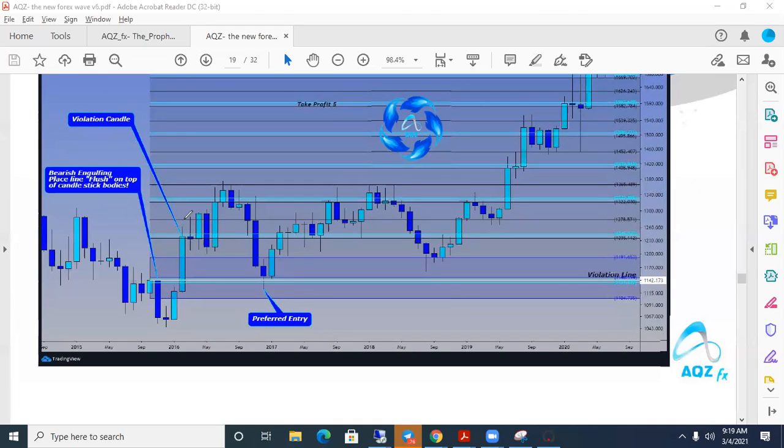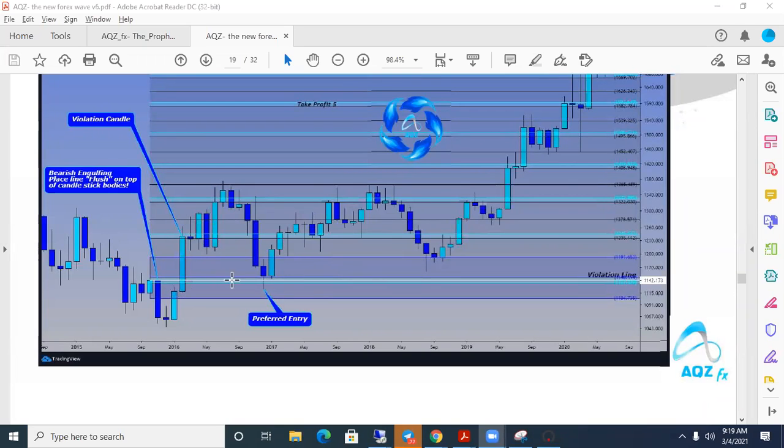When we have a violation, it simply means we are no longer bearish. We will be anticipating buys when price returns to our buy zone. In this case, price returned straight to the preferred entry and then went off to hit our TP1, TP2, came back again towards the buy zone, and then rallied up for like TP whatever, right?